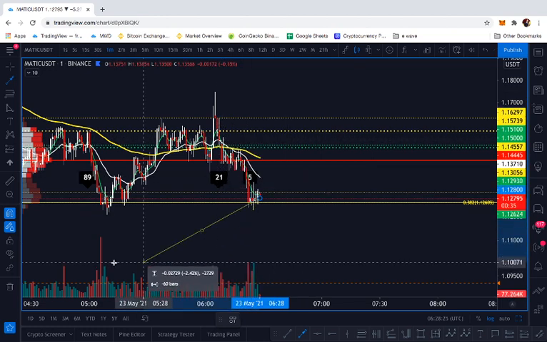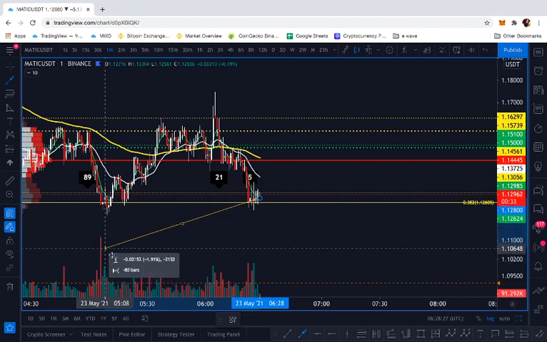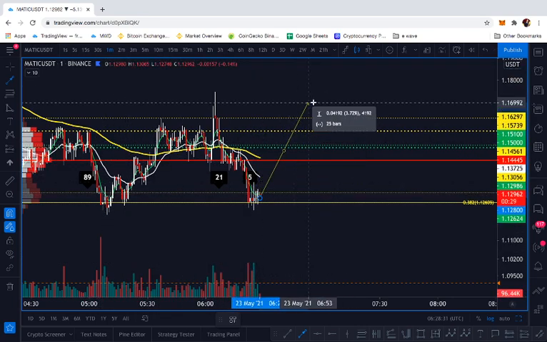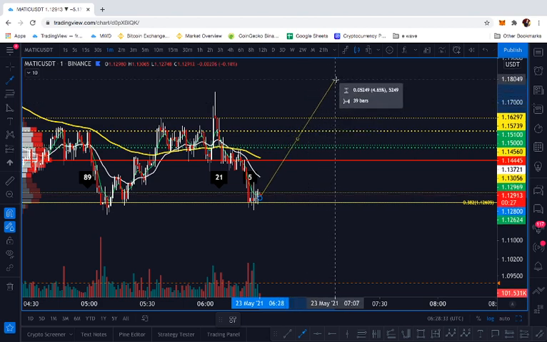These guys are distributing still. That's not good for us. What were we saying? Oh yeah, when we break the resistance, these guys are gonna have to take their stop loss on futures, and basically it's gonna go up.